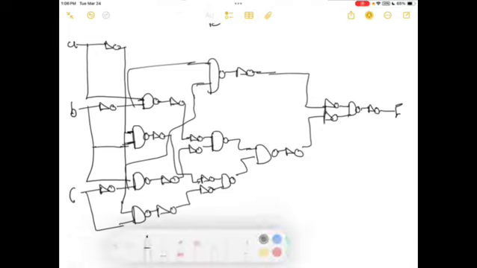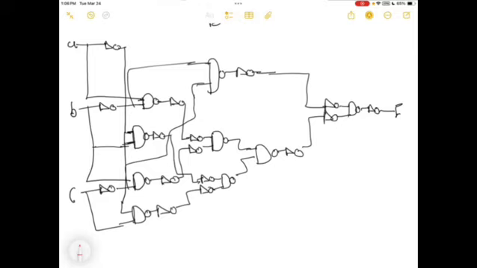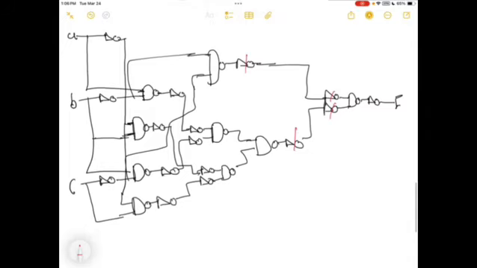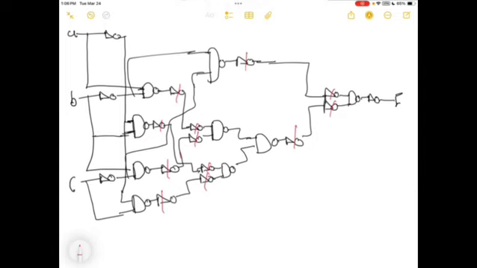Now we have to cancel the NOTs, like there are two NOTs. We start here: this two gone, this two gone, this two is also gone, here this two also gone, also gone. Okay, am I missing anything? No, I think that's it. So it will be reduced by a lot. The NOTs will be gone, not fully, but yeah.